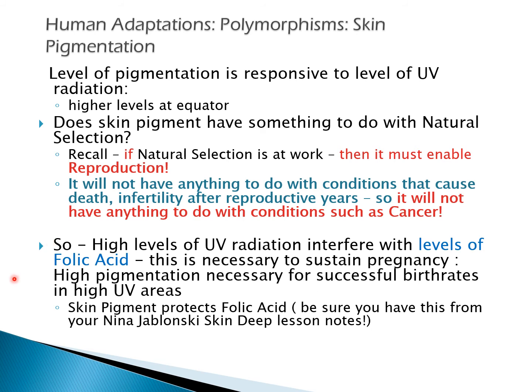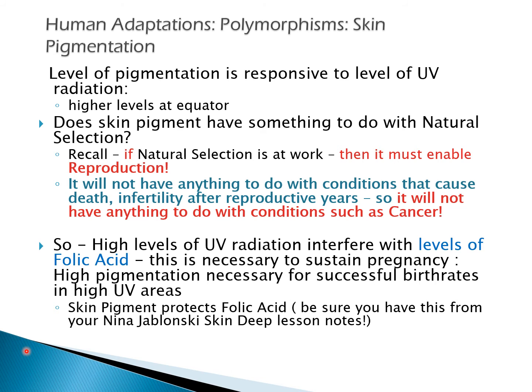So the high levels of UV radiation that originally formed our very deeply pigmented skin in Africa did interfere with something that did interfere with pregnancy, and that is the production of folate or folic acid. So originally, females needed high levels of skin pigmentation in order to be able to successfully reproduce. Males didn't really need it, right?